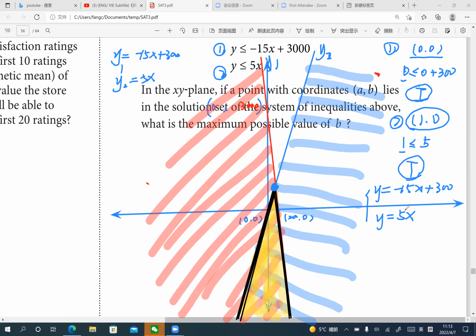We need to solve this system of equations. So 5x equals negative 15x plus 300. So 20x equals 3,000. So x should be equal to 150.